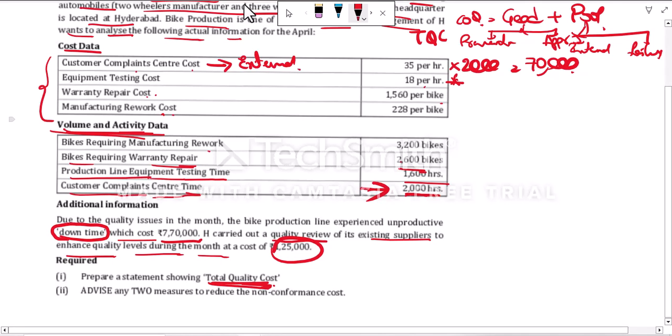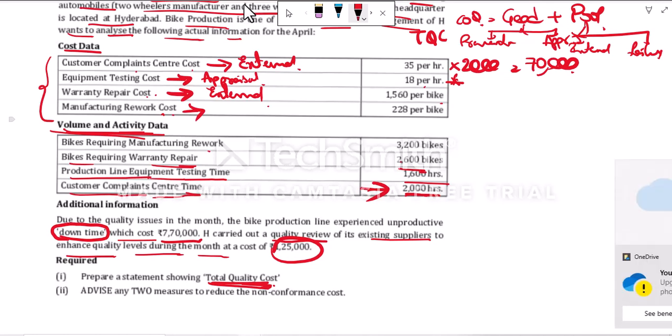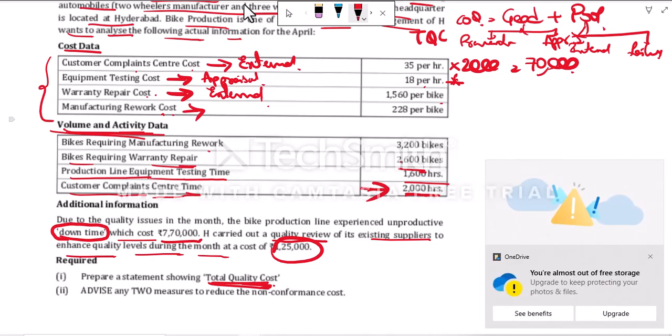Equipment testing is done during the production, so it is appraisal cost. Next, warranty repair. Warranties are incurred after the sale to the customer, so it is external failure. Manufacturing rework: anything redoing comes under internal failure cost.